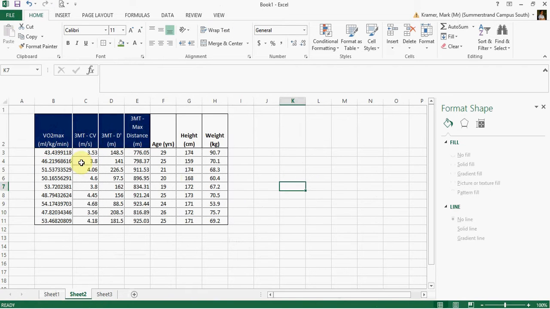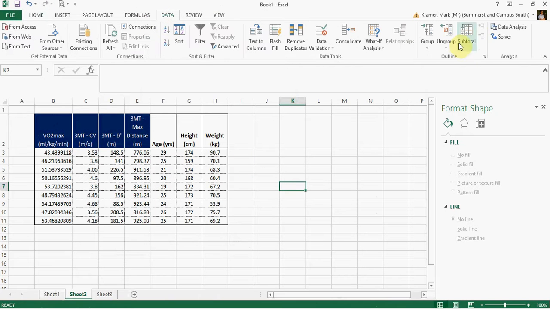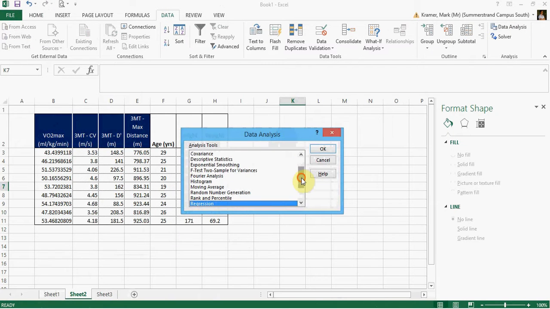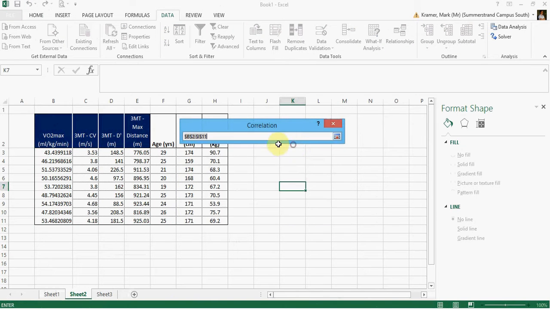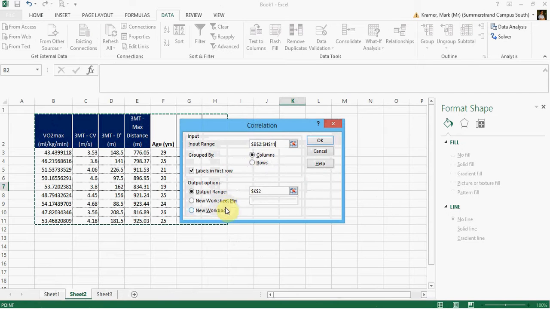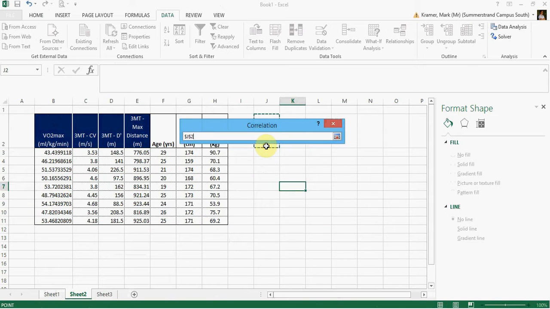Okay, so first things first, I'm going to run a correlation to see which one of these values tend to correlate the most. So remember, I'm going to go to data analysis, and then I'm going to run a correlation. Okay, I'm going to make sure I include all these values over here, and then I press enter. My data is organized in columns. I do have labels, and then where do I want to output that data? Yeah, let's put it up here.